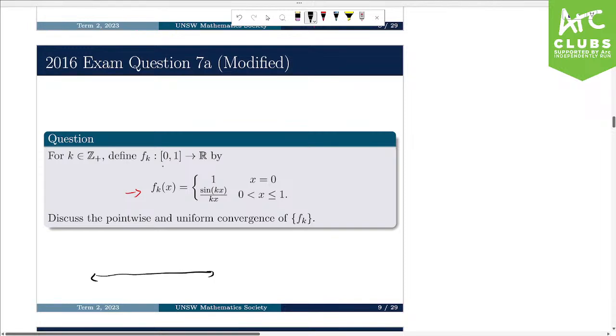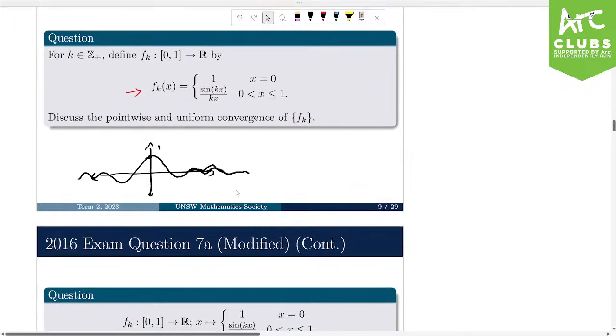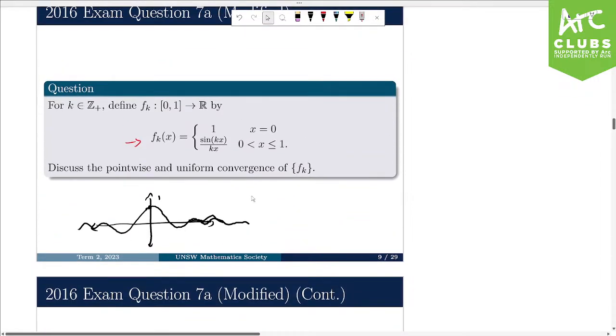So if we ignore this domain for now, this function ends up looking like 1 here, and then it oscillates and gets smaller as it goes away from the y-axis. So here we're only interested in the 0, 1 part.